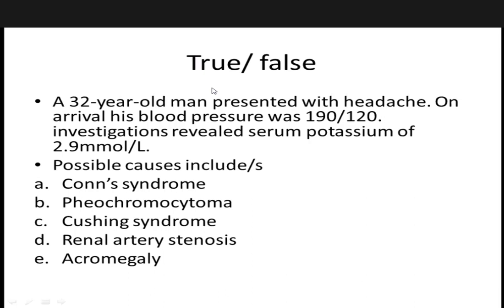On examination, BMI is 33 and blood pressure 170 over 100 on repeated occasions. So BMI 33, blood pressure 170 over 100, weight gain, irregular menstruation for about 1 year. Hemoglobin 12.2, white cell count 7.8.